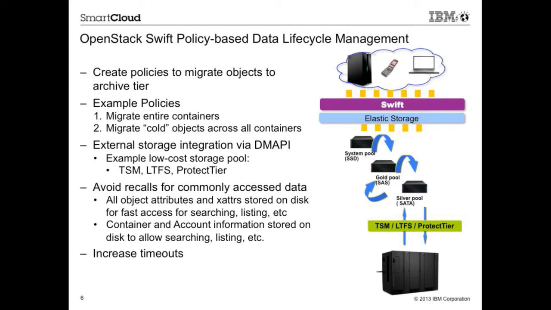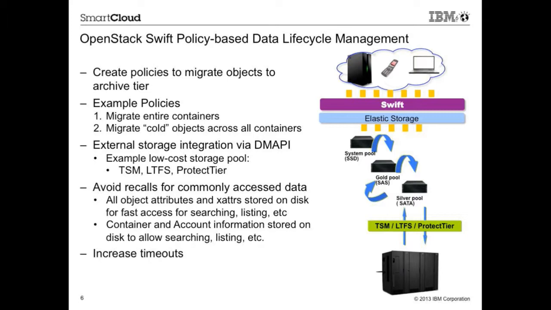So looking at this system with OpenStack Swift, policies can be created by users to determine how they want to move objects between the running disks in the top tiers down to the lower tiers of tape. Example policies might be to move entire containers between tape and disk, or, for example, instituting cold and hot file policies where hot files are automatically up-tiered to the highest level and cold objects are automatically tiered down to the lowest level.